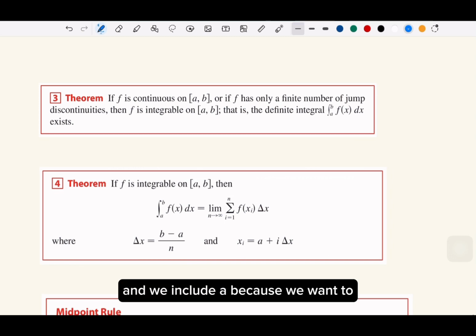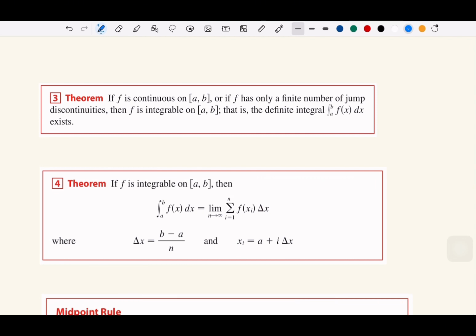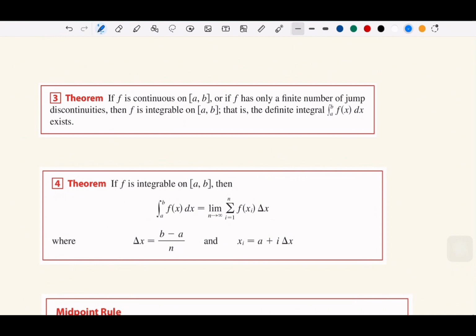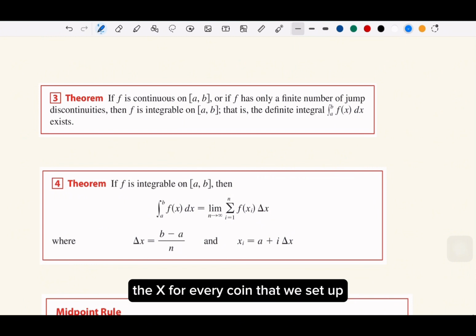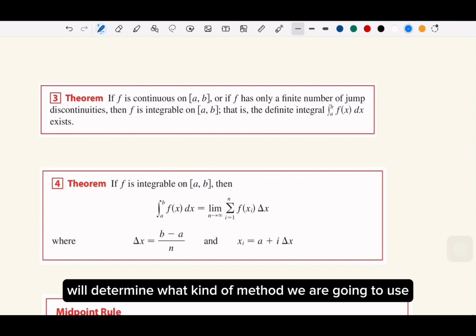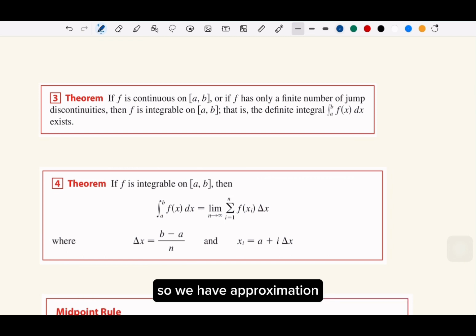We need to include a and b because we want to calculate the whole area. So the definite integral exists, basically through this limit, and then we can calculate delta x and x_i for every point that we set up. And this x_i will determine what kind of method we are going to use. So we have approximation here.